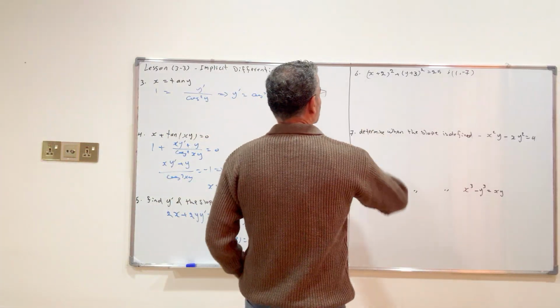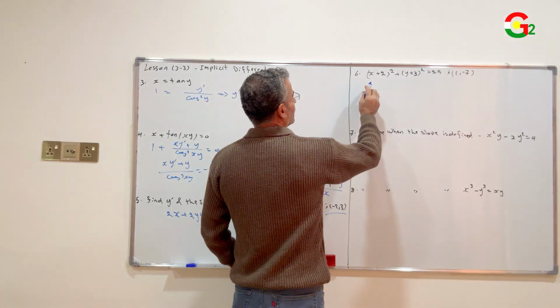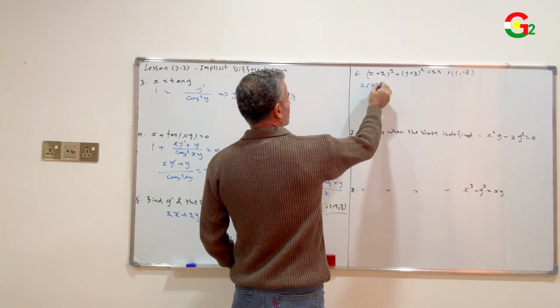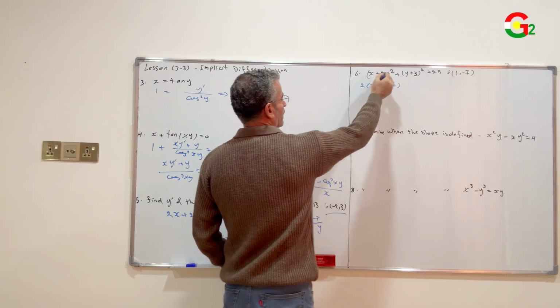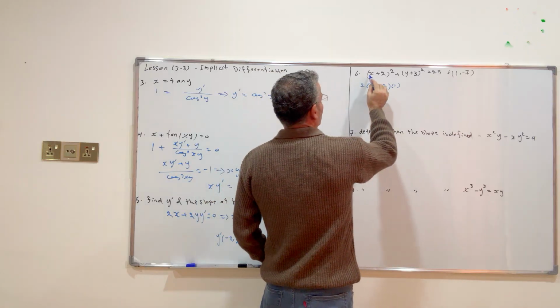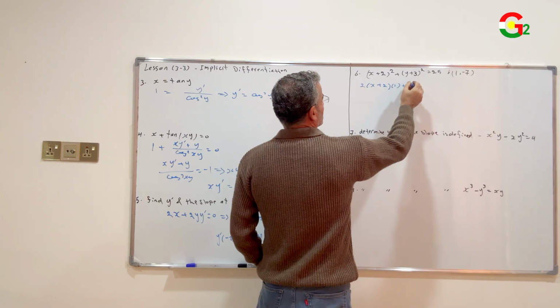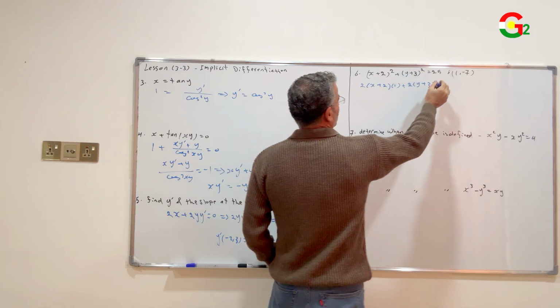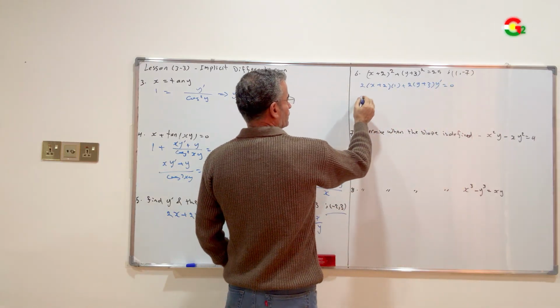Question number 6. Also find y prime and the slope. Differentiate both sides with respect to x. 2x plus 2 times x minus 1 times the derivative of the term inside the bracket, plus 2y plus 3 times y prime equal to 0.